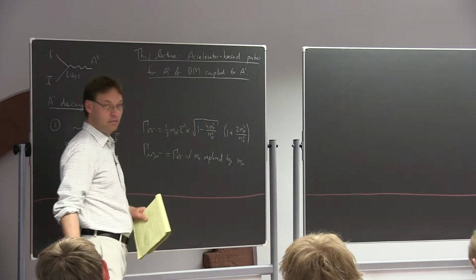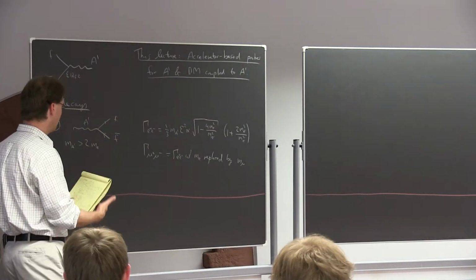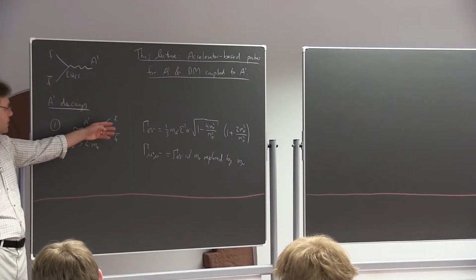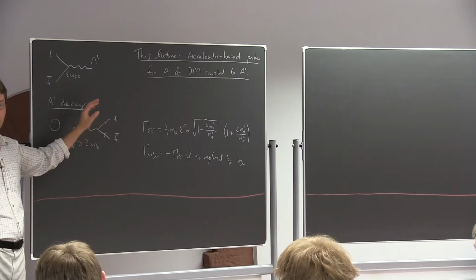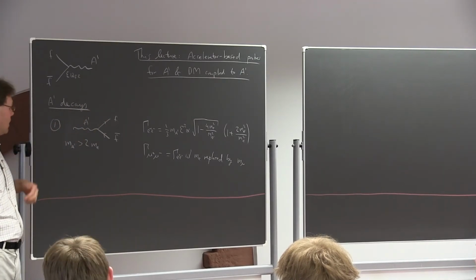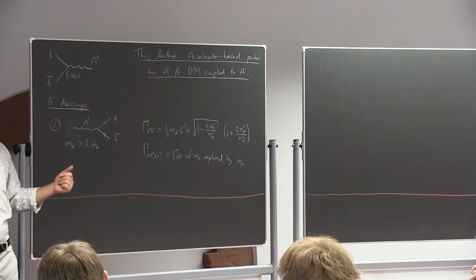And the same for tau. But there's a little bit of a challenge, because there are many other possible hadronic states as well, mesons and so on, that it could decay to, and we have to figure out how to write the decay width for this.